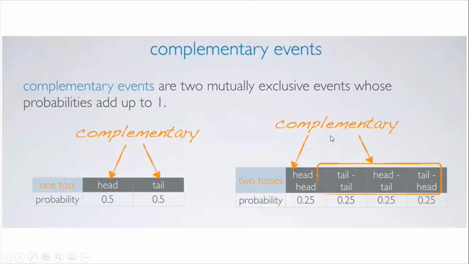In this case you can take any value, and the opposite of that value will be the complementary value. So for two tosses, if we take head and head, the rest of the sample space becomes the complementary events. So if the probability is 0.25, the probability of the complement should be 0.75.